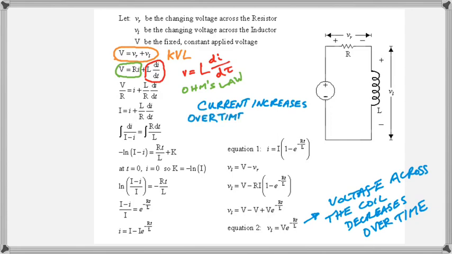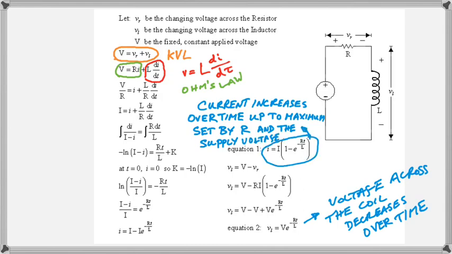Now we're just focusing here on the current increase. The current increases up to the maximum that you can have for that circuit. Initially, we don't have a current, but the current builds and builds and builds, and then the only thing that limits the current at the end, when our magnetic field is totally built, is the R of the resistor there, and of course whatever voltage we have.